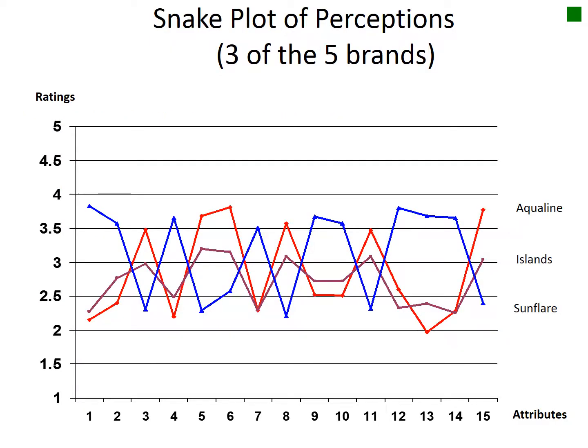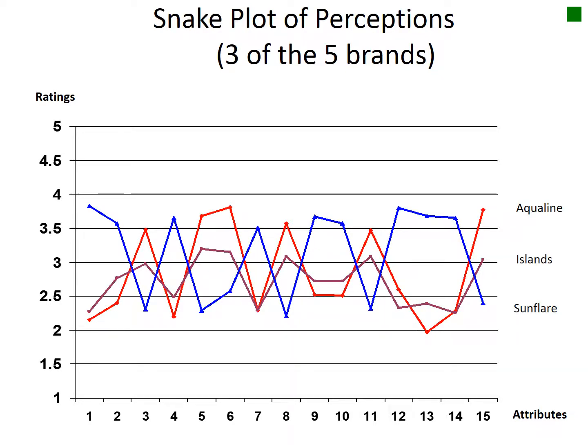Here's an example of a snake plot of the data returned from the survey, and this identifies 3 different brands out of the 5: Aqualine, Islands, and Sunflare. What we're looking at is the average score for each brand on each attribute.